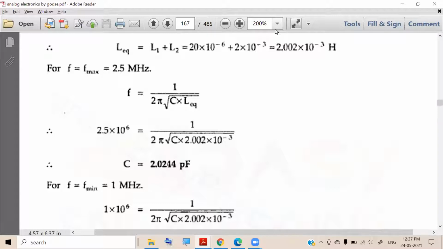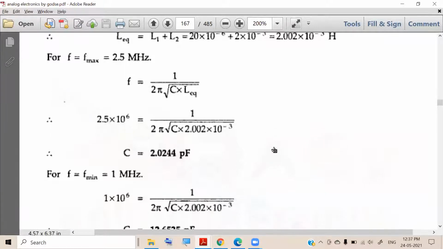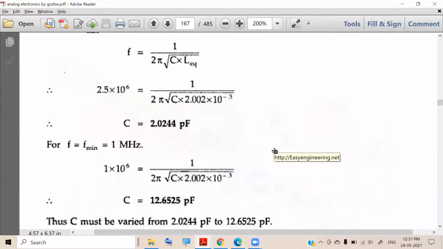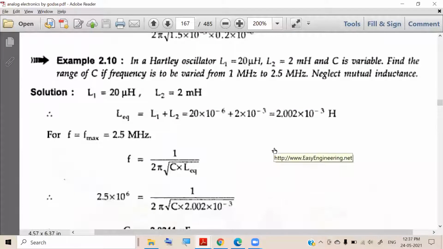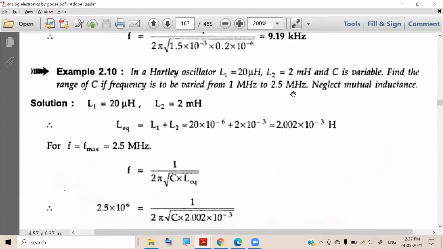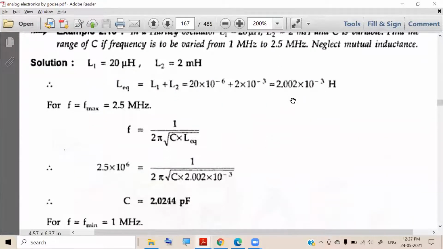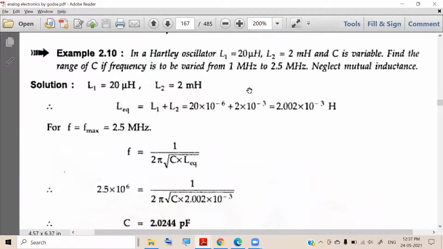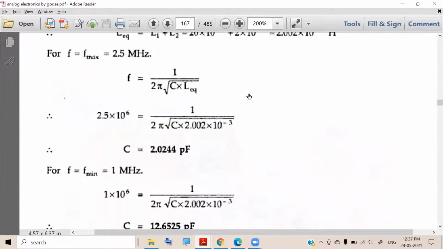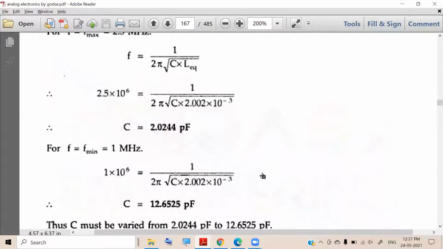Still, if you have doubts, as I told you, 12.5 picofarads. Yes, that is correct. So 12.5 picofarad. When we substituted F as 2.5 megahertz, we got 2.008 picofarad. When we substituted F as 1 megahertz, we got 12.5 picofarad.